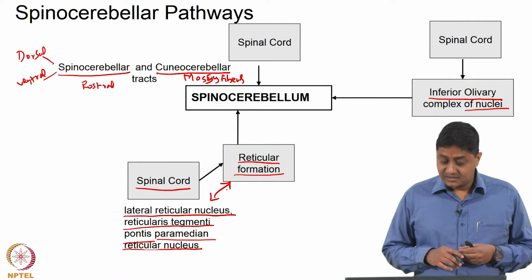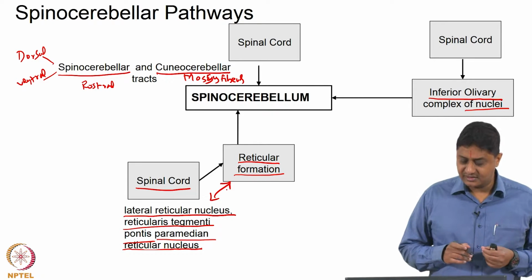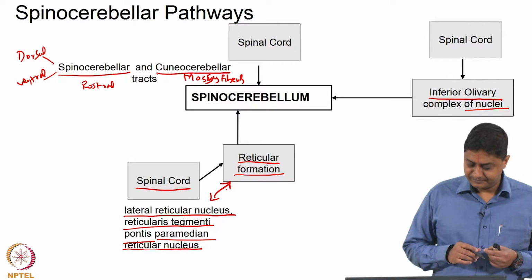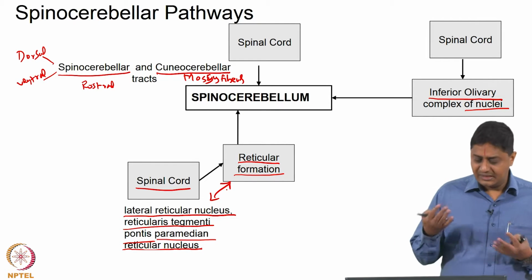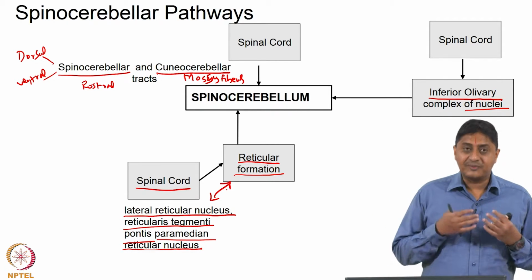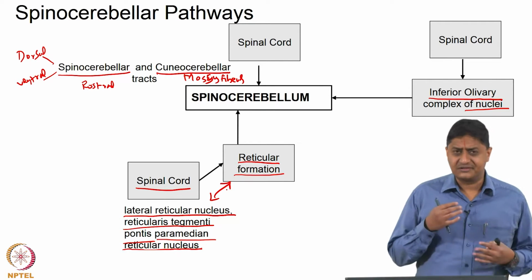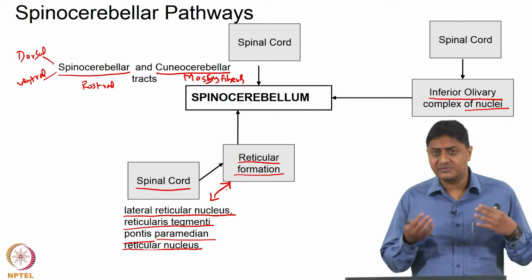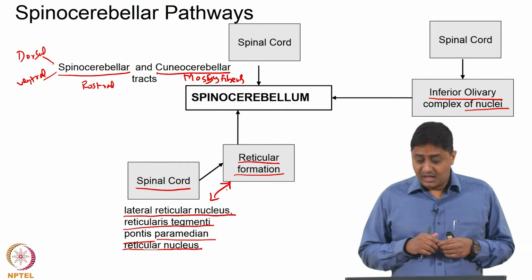Okay. So, these are the various inputs that are received by the spinocerebellum. The spinocerebellum receives inputs from at least 3 different sources: directly through the spinocerebellar tracts, that is the dorsal and ventral spinocerebellar tracts, the cuneocerebellar tract and the rostral spinocerebellar tracts, right.